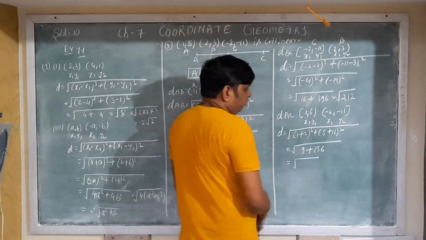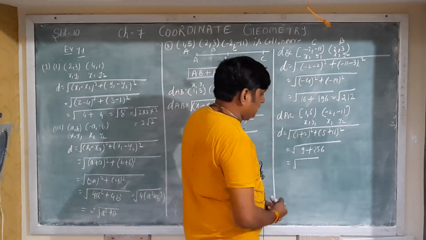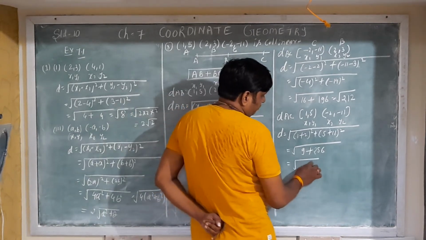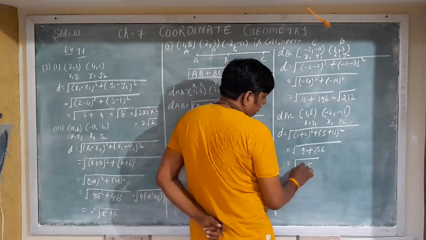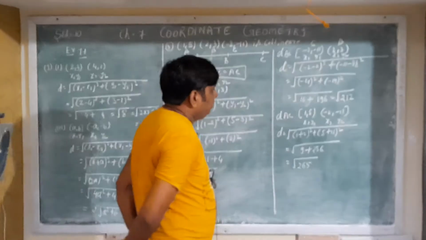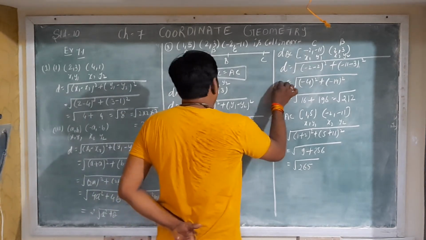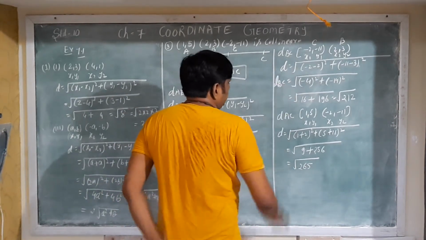Right? Addition of both, 256 plus 9, your answer is 265. Okay, you have found the distance of AB, distance of BC, and distance of AC.